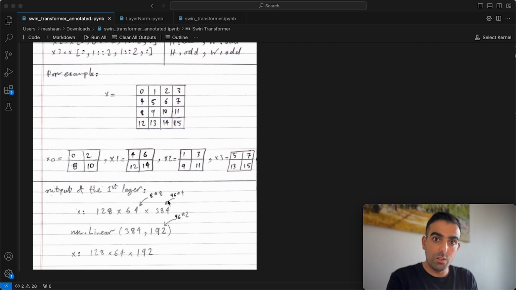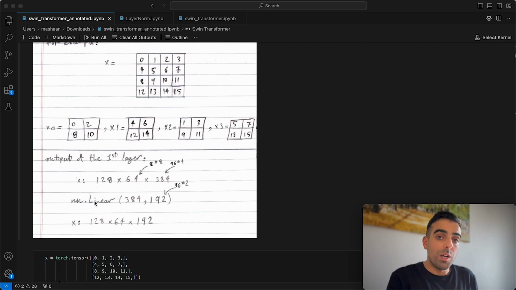And the channel dimension will be 4 times C. 4 times 96, which is 384. By mapping 4C to 2C, 384 to 192, we will end up with 128 images, 64 patches, and each patch has 192 channels.